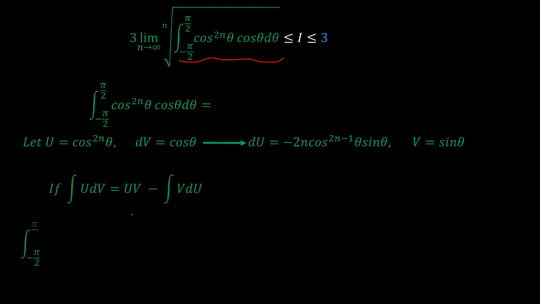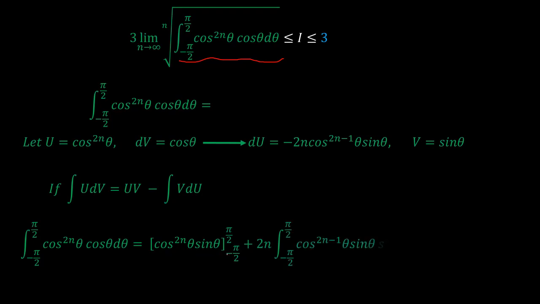That means that our integral here is the same as this integrated, and we have our limits applied. And as we can see, if we apply pi over 2 here, cosine of negative pi over 2 is 0. Cosine of positive pi over 2 is also 0. So this term here just tends to 0.